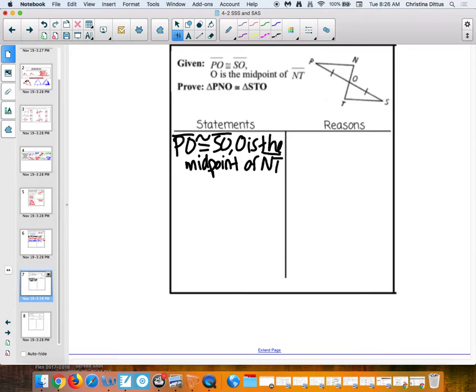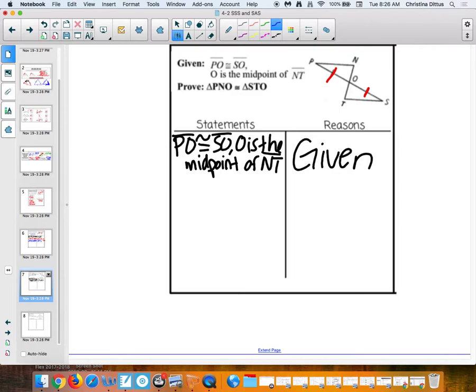Did you put that? Right, the whole thing of the given. Next thing, make sure your picture is marked. Is it? Yeah. Sure is.